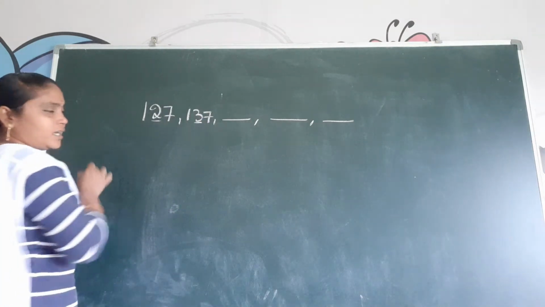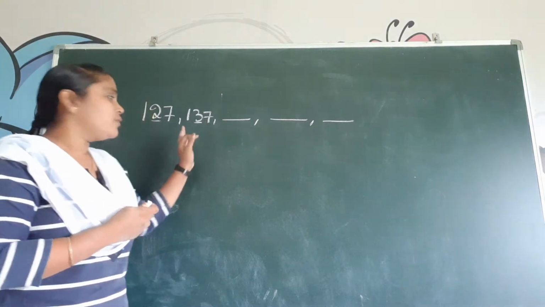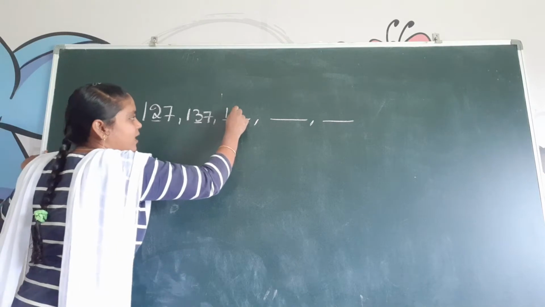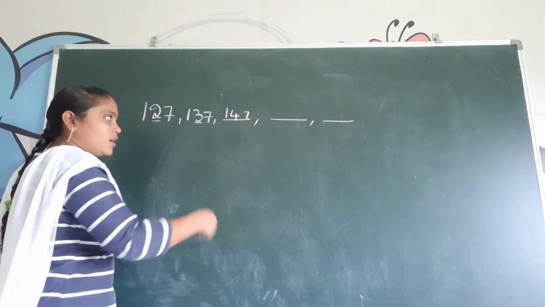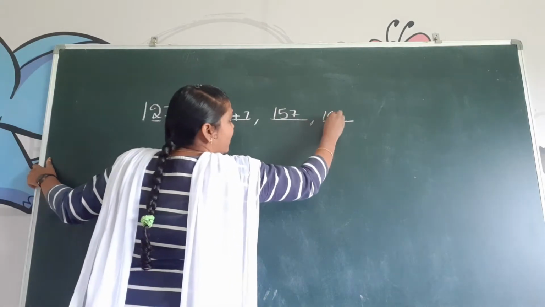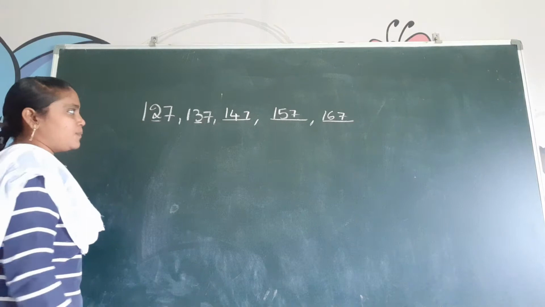127, 137. What is the 10 more number of 137, children? Just add 10. So this is 147 and 157, 167. So once check the tens places, children.